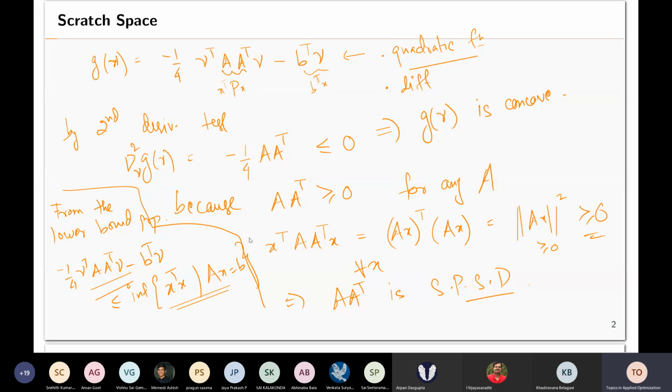In fact, this is already the main idea behind duality. You try to find the optimal, but you find it by making the dual function G maximum.